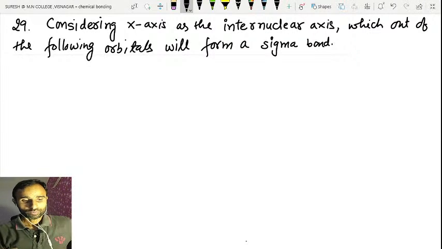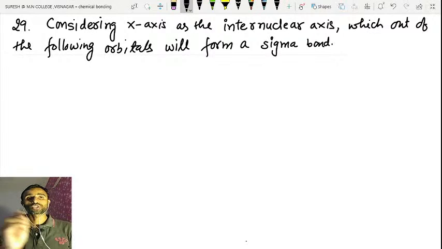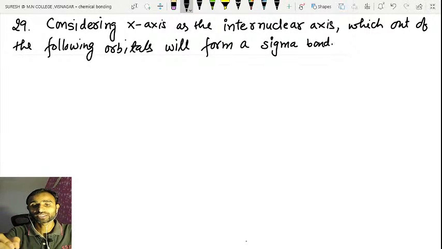Yes. Now see, we have the question: considering the x-axis as the internuclear axis, which out of the following orbitals will form a sigma bond?